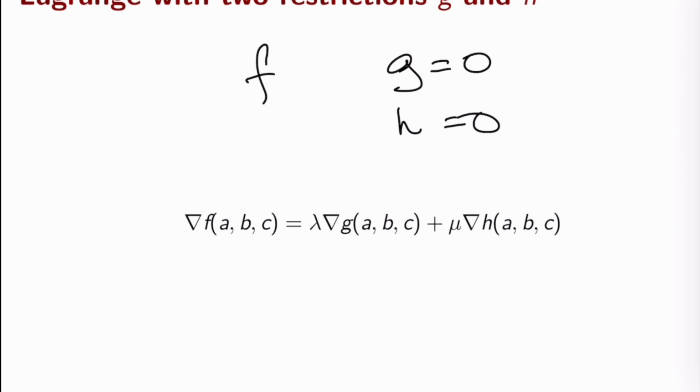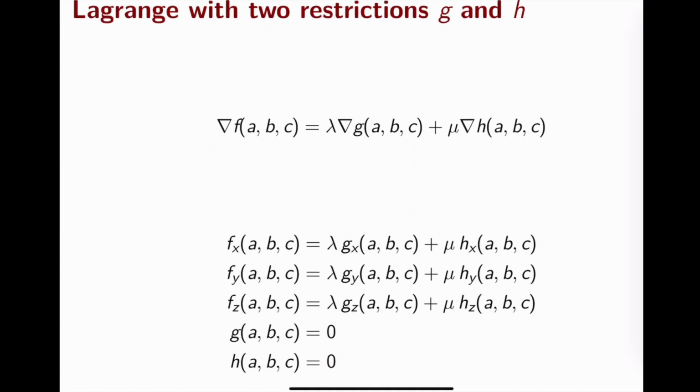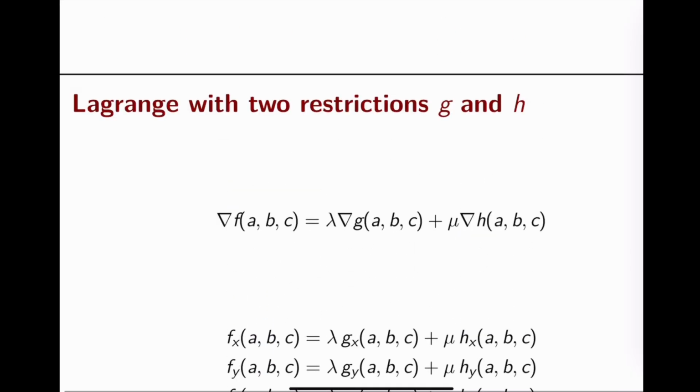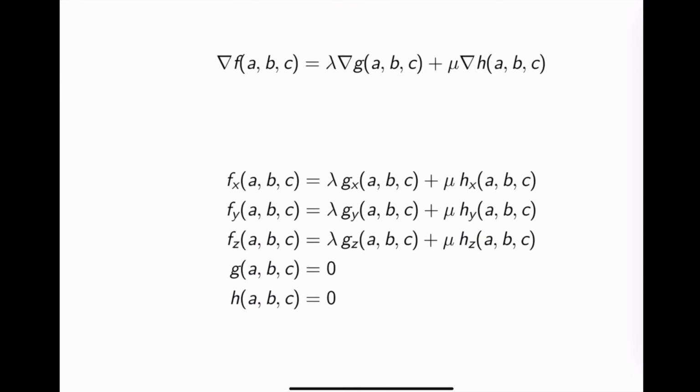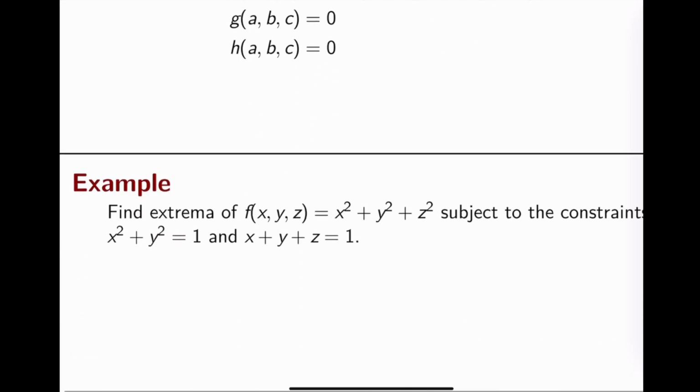So if we have a function with 2 constraints, to apply the method with 2 constraints, we have to write now this system of equations where we are going to write down each of the partial derivatives, introducing here the 2 Lagrange multipliers, and we're going to add then the 2 constraints equal to 0.